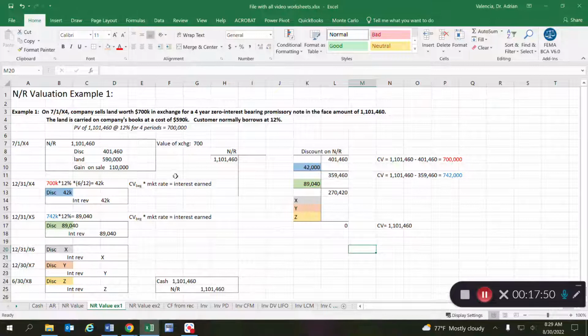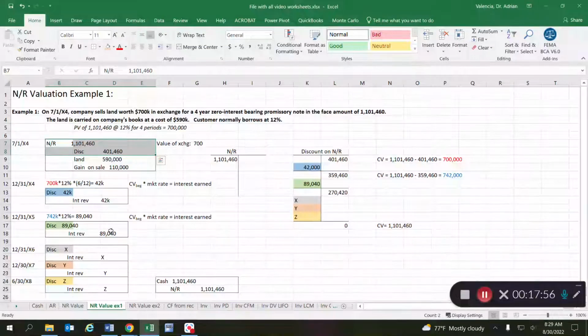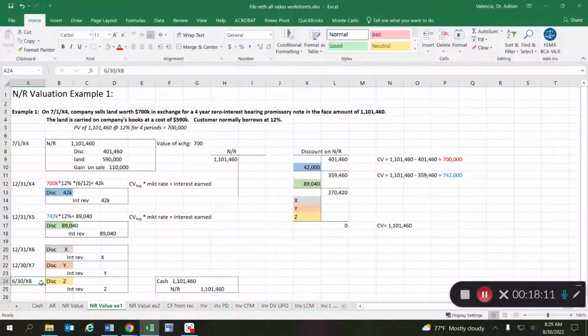It started out as a value of 700,000, right, as a carrying value. But as we recognized interest, that value kept increasing, and the mechanical thing we were doing was reducing the discount account every time. So at the end of the 48-month period, on June 30th of X8, you're not only going to adjust for this interest earned, but you're also now going to receive the cash payment from the client.